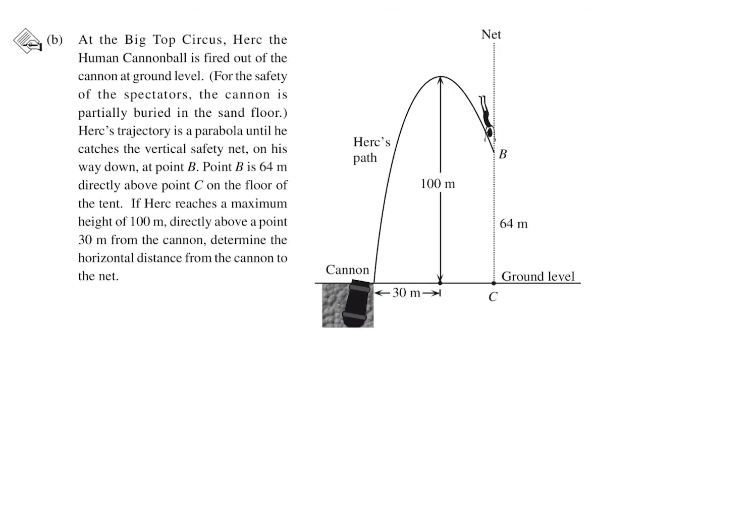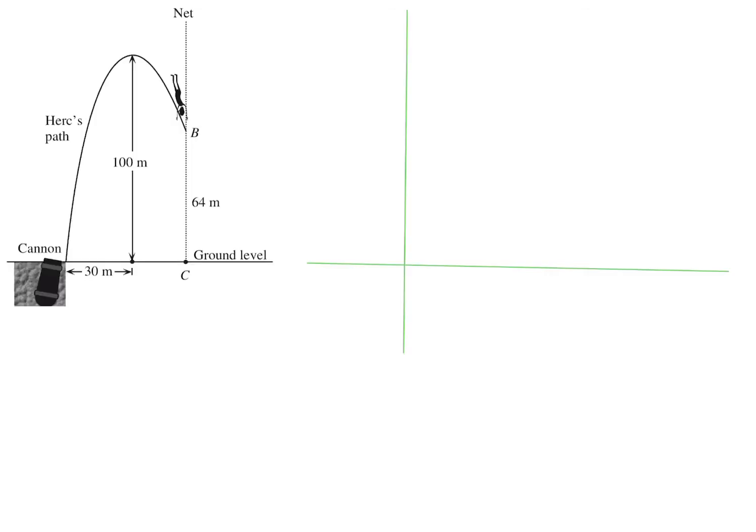So what we will do is we'll take exactly what they gave us and we'll put it on a coordinate axis as follows. So I'll make the origin the point of the cannon. So that's 0, 0. And that's where he's going to be shot out from. And we will make this point 30 on the x-axis, corresponding to this point right here.